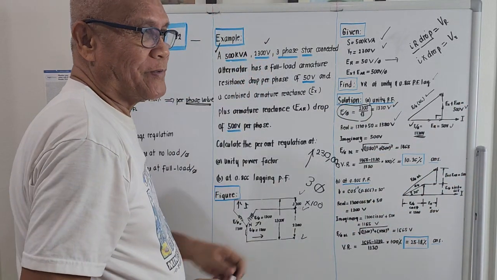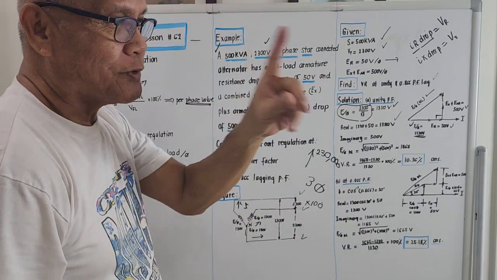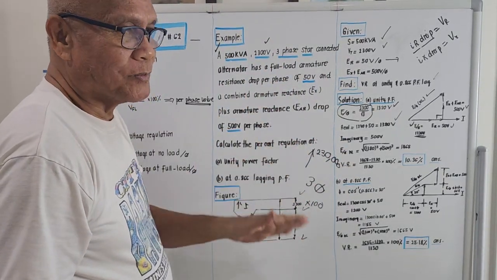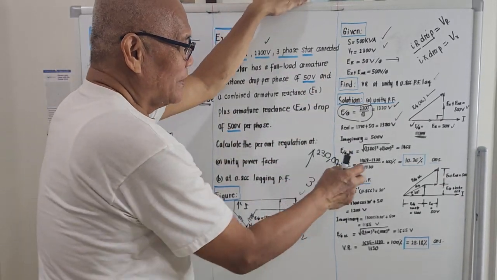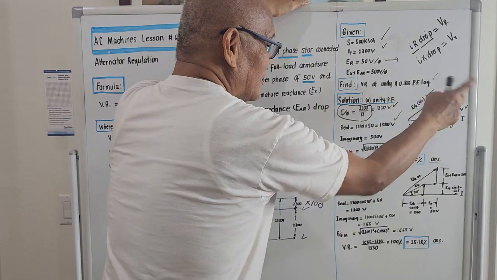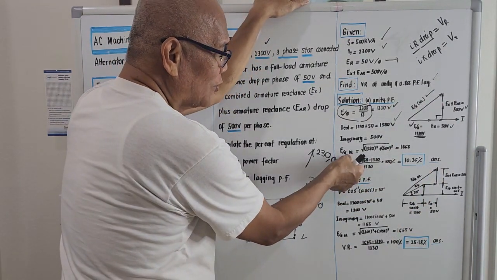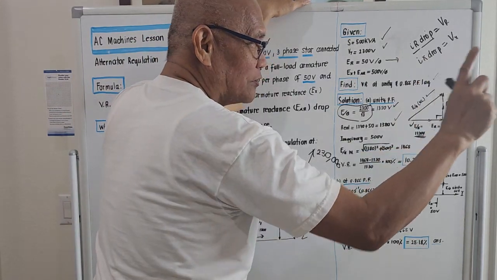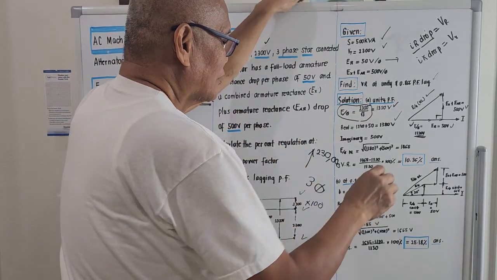We are given a right triangle in which the two sides are given. We could compute for the hypotenuse, and the hypotenuse is actually the voltage per phase at no load. We use Pythagoras principle. Voltage per phase at no load will be the square of this plus the square of this. Take the sum, then take the square root. What will come out will be 1468 volts.